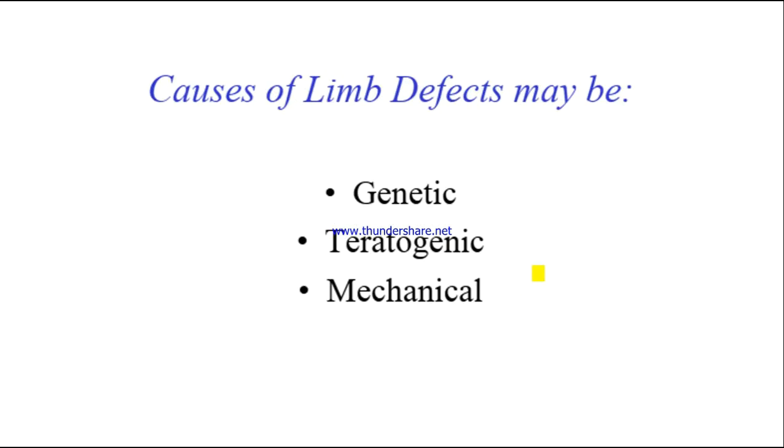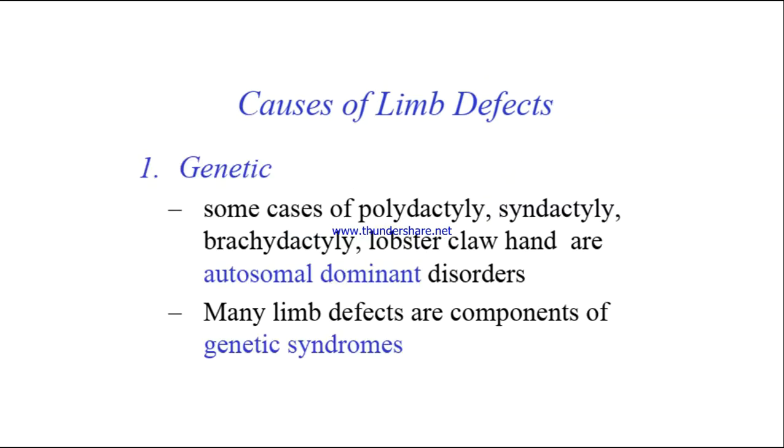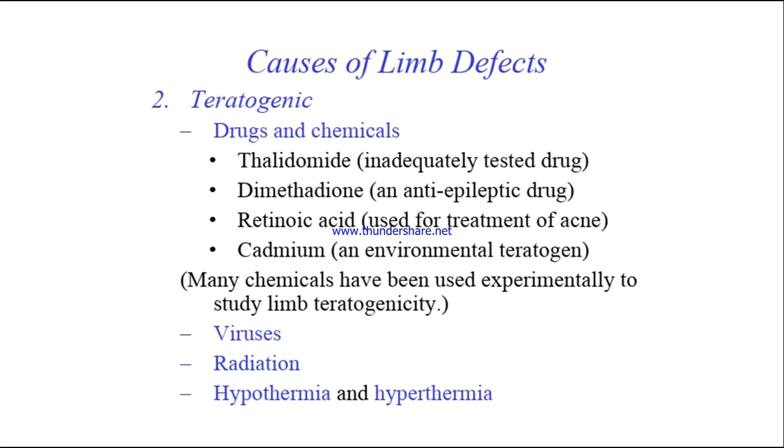Some of the causes of limb defects can be genetic, teratogenic, and mechanical. Some of the genetic causes, polydactyly, syndactyly, brachydactyly, lobster claw hand, are autosomal dominant disorders. Many limb defects are components of genetic syndromes.